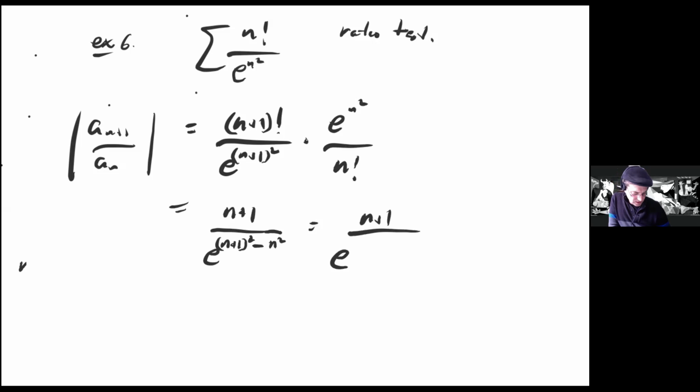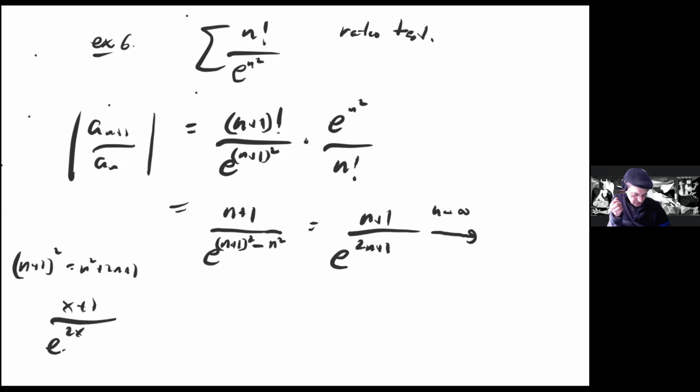Now what happens as n goes to infinity? We have L'Hopital's rule. We can apply L'Hopital's rule as n goes to infinity, and we could be looking at the function x plus 1 over e to the 2x plus 1.